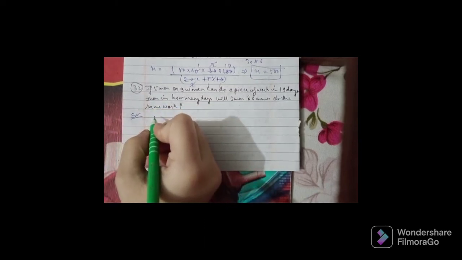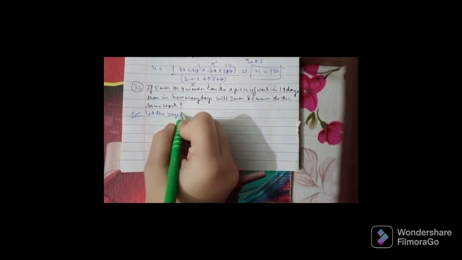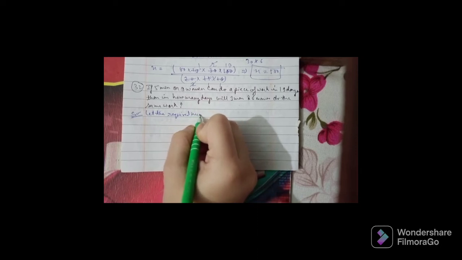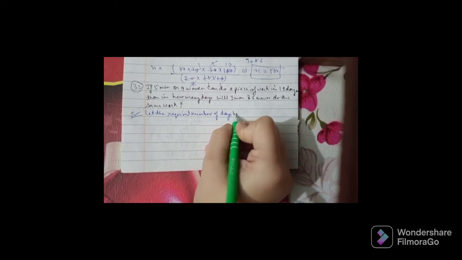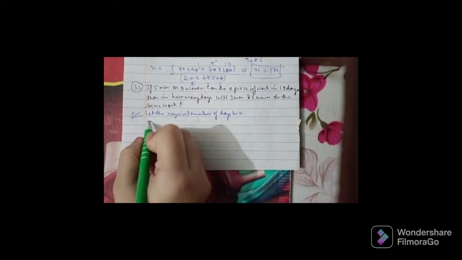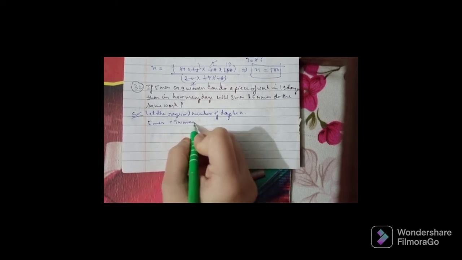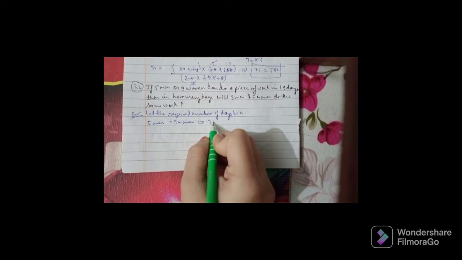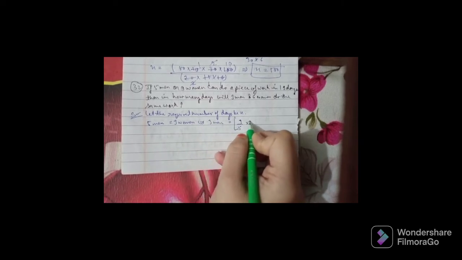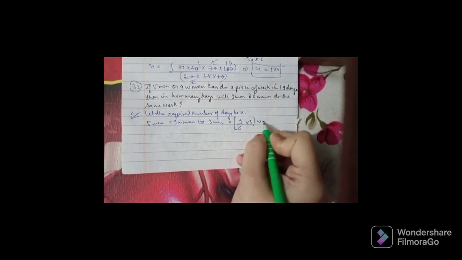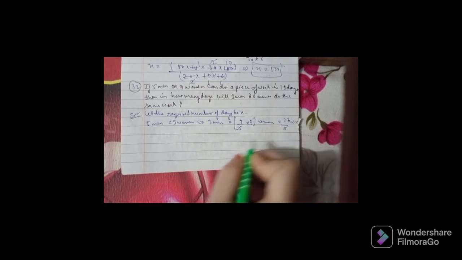Let the required number of days be x. So 5 men equals 9 women, which is 3 men equals 9 upon 5 into 3 men equals 27 by 5 women.